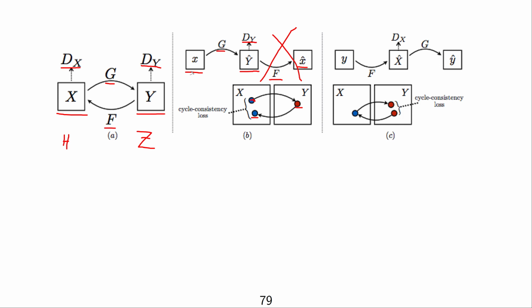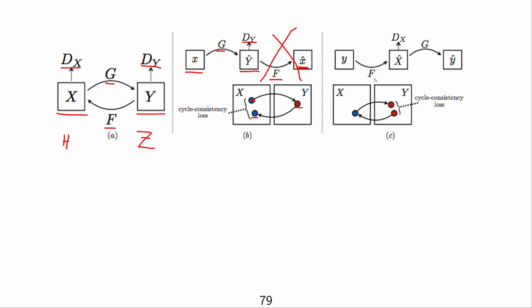In order to prevent the network from ignoring the input horse that you give it, the cycle consistency tries to make sure that the zebra that you generate will look similar to the horse. Because if it doesn't look similar, it is difficult to translate the zebra back to a horse that looks similar, that is, this x hat that looks similar to the starting x.